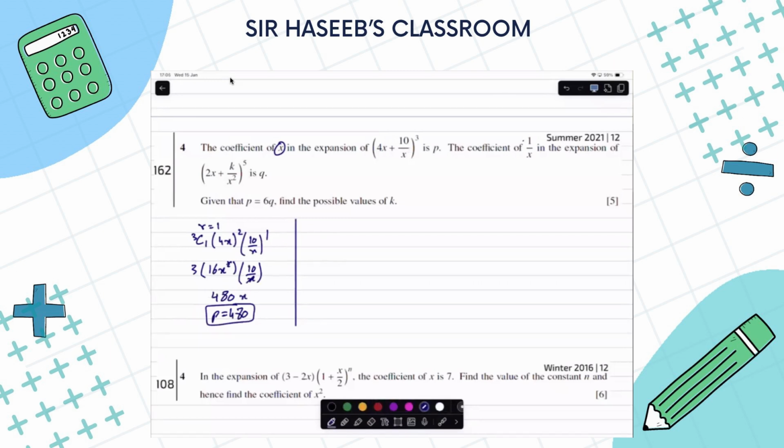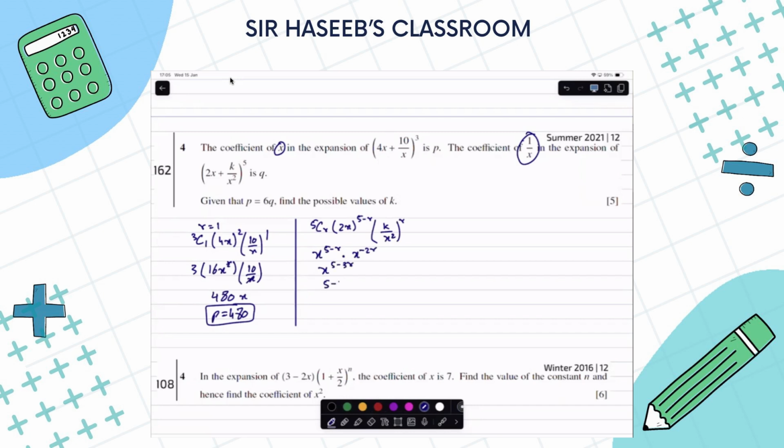Okay. The coefficient of 1 over x in the expansion of this. Now, coefficient of 1 over x कैसा आएगा भाई? Power 5. This looks a bit complicated. तो मैं अपना traditional route लेता हूँ. 5Cr 2x power 5 minus r, k over x square to the power of r. तो छोड़ दो, पहले तो powers ले लो. x power 5 minus r, x power minus 2r, x power 5 minus 3r.